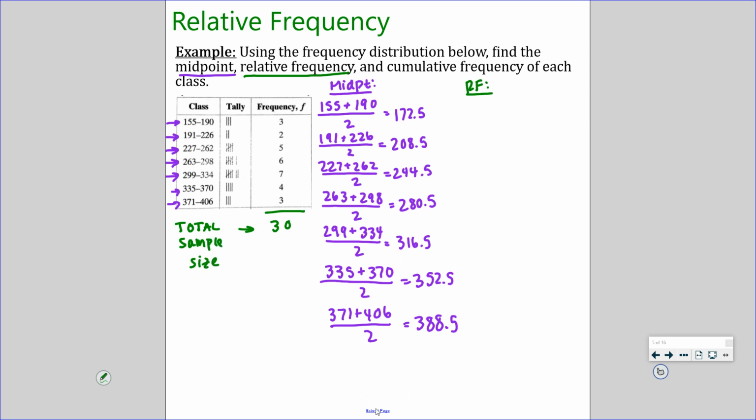Okay, so these are the ones that are often written as decimals or percents, and Alex more commonly uses decimals, so we're going to do decimals. So for my first class here, this occurred 3 times out of my total 30. So that's just 1/10, 0.1. 0.1 would be my relative frequency.